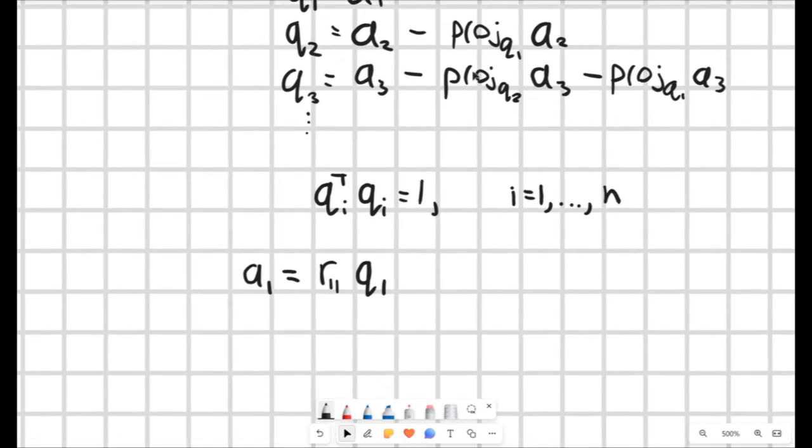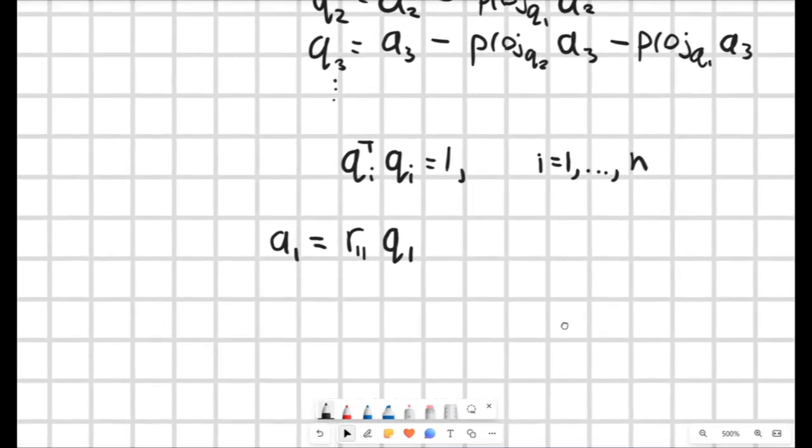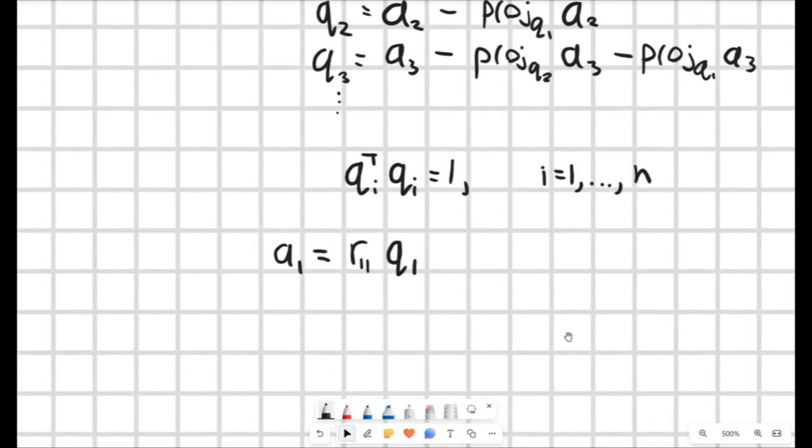Like I say, we have a Q2 and then a projection onto Q1 in that equation. So that means that A2 is equal to some kind of constant, which is going to be an R12, multiplied by Q1 plus another constant, which I'll write as an R22 multiplied by the vector Q2.